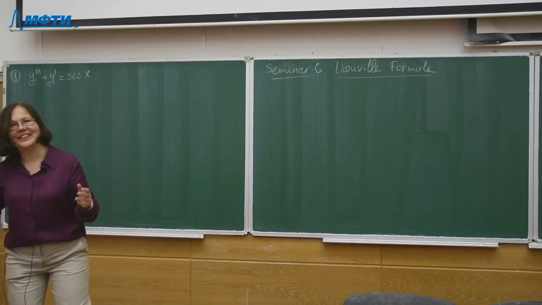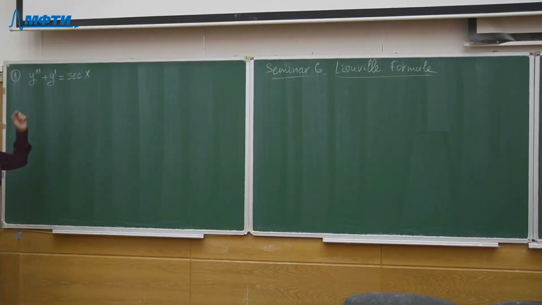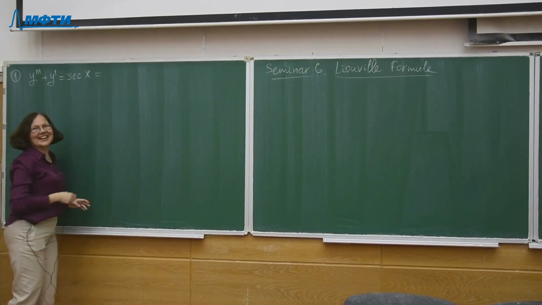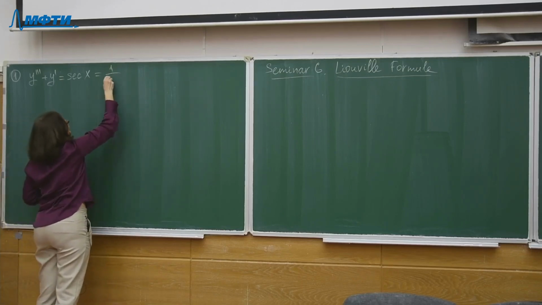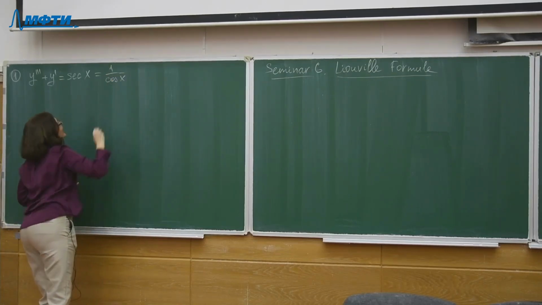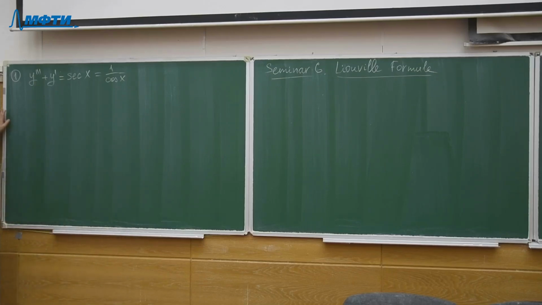Kathy likes secants, right? Secant is 1 over cos x. Let's try to solve this differential equation by the method of variation of parameters.